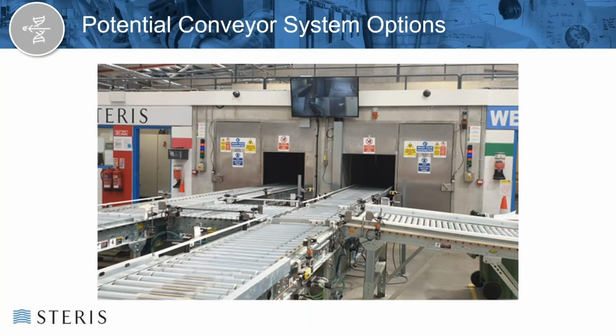Another example here, this one looks like our Tullamore facility in Ireland. It's kind of a hybrid really in that it's a roller conveyor system, and typically the way they're using this is putting carriers on it. The carriers ride on the roller conveyor system and then products ride on the carriers. There is an input side on the left and output side on the right.